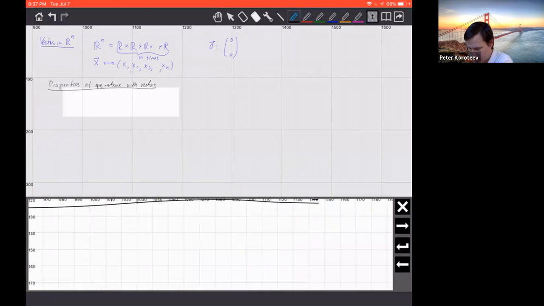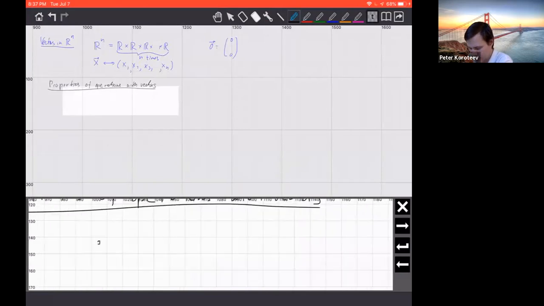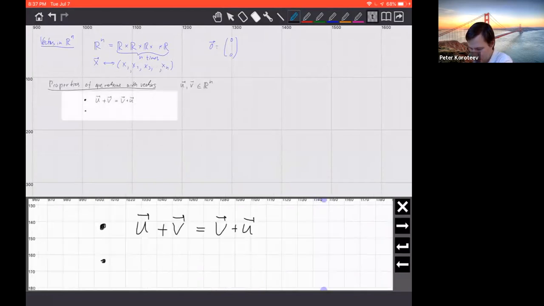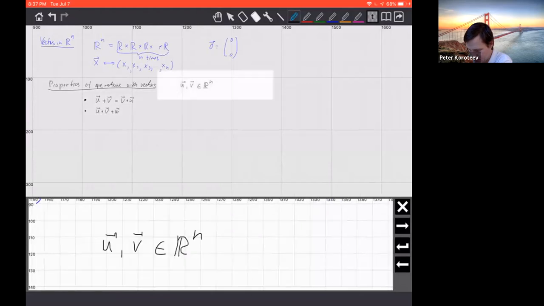So I'm just going to list them in some order. First, vector addition is commutative. So u plus v is equal to v plus u, if vectors u and v belong to Rn. Then addition is associative. So u plus v plus w, that's w.